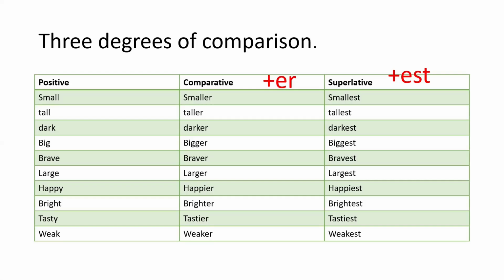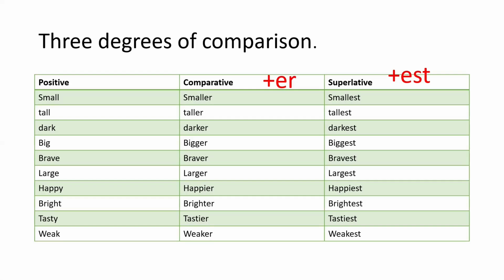We only use basic adjectives in the positive degree. When it comes to the comparative degree, we add ER for the positive degree adjectives. Look at the examples. Smaller, taller, darker, bigger, cleverer, larger, happier, brighter, tastier, and weaker.